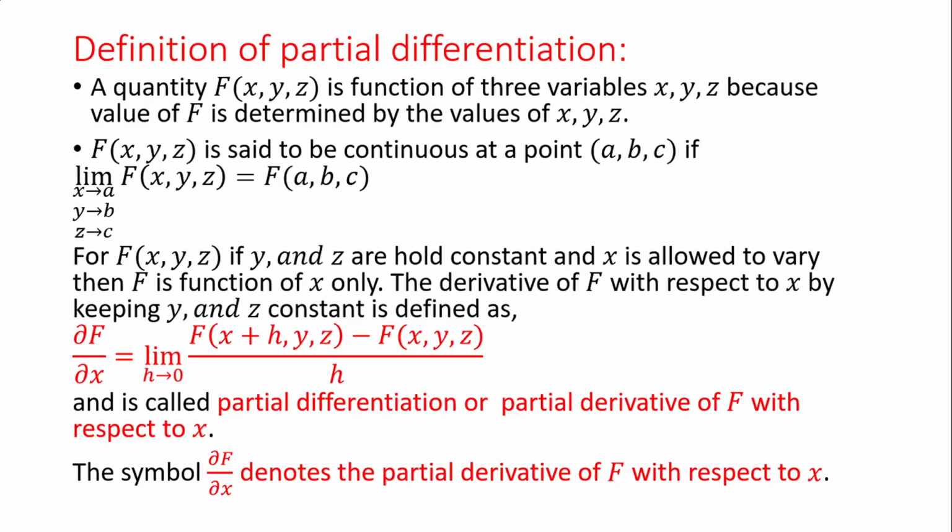In that case, f(x, y, z) is said to be continuous at the point (a, b, c). It means when x, y, and z change, the value of f(x, y, z) changes and it takes a new form. Maybe for some value of x, y, z it is f(a, b, c). In this situation f(x, y, z) is continuous at (a, b, c).